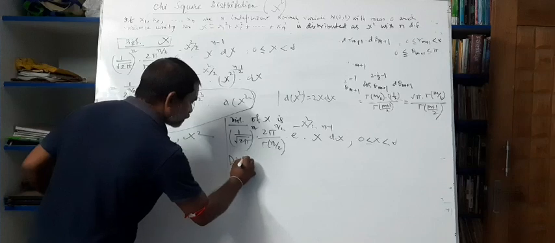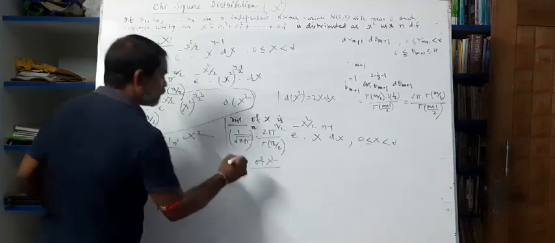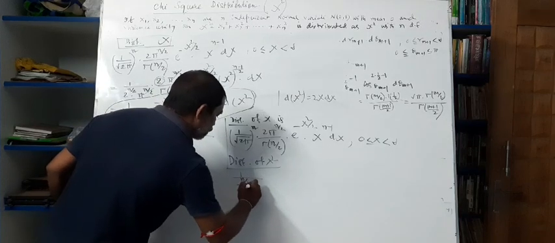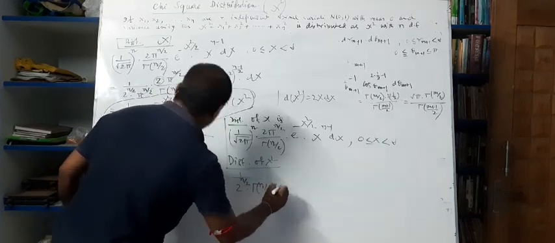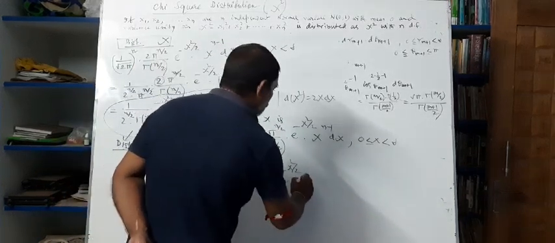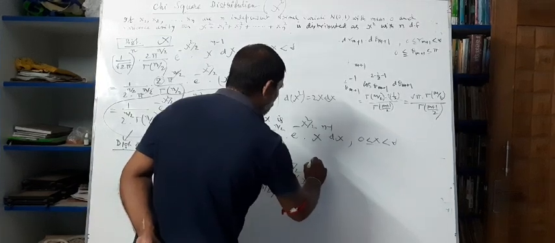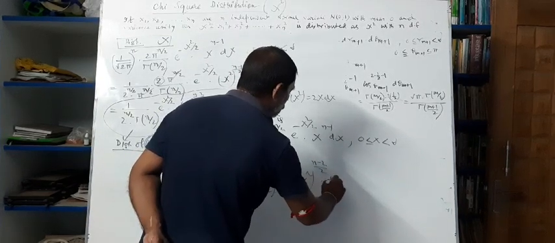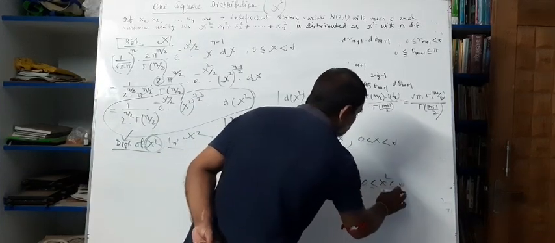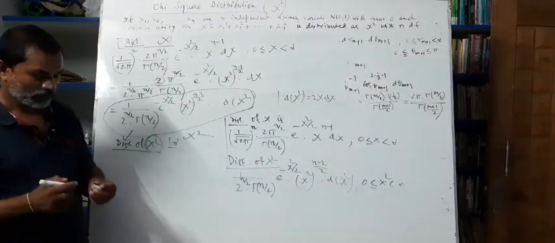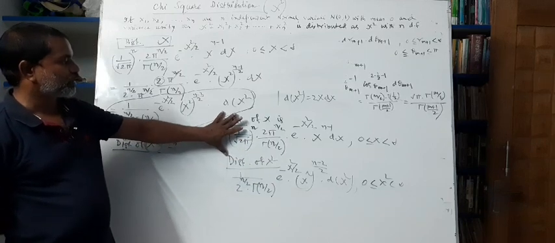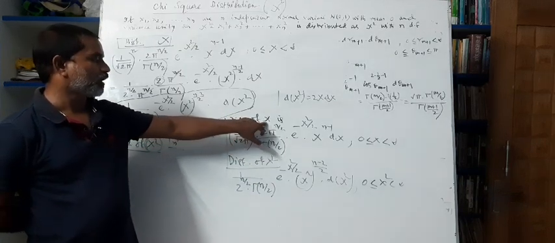And the distribution function of chi square is 1 by 2 to the power n by 2 gamma of n by 2, e to the power minus chi square by 2 into chi square to the power n minus 2 divided by 2 d of chi square, where 0 less or equal to chi square less than infinity. So I have established this is the chi square distribution of n degrees of freedom, and this is the distribution function of chi with n degrees of freedom.